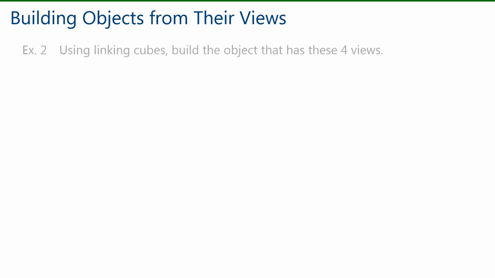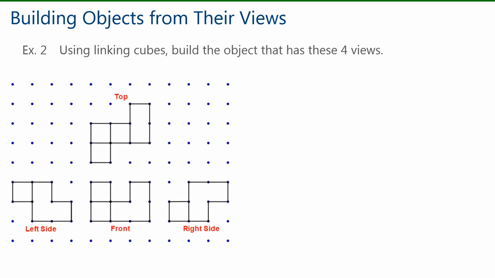Example 2. Using linking cubes, build the object that has these 4 views. In this example, we can see that all 4 views have a change in depth, so we don't have an easy view to work with like we did in the previous example. So what do we do first?